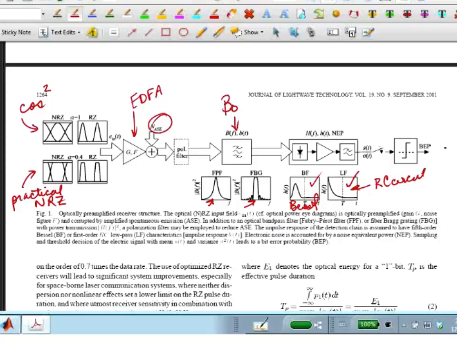This was a good example of research where it would be very difficult to sweep through all kinds of filters in the lab. You would have to buy different filter widths, different precisions. It's something that's much more amenable to doing in simulation. So the issues that you're dealing with in the homework are similar to the issues that these researchers were dealing with in building a simulator for this system.